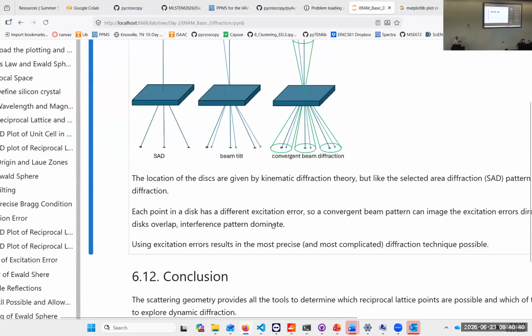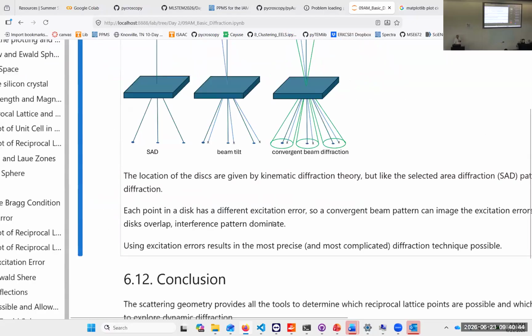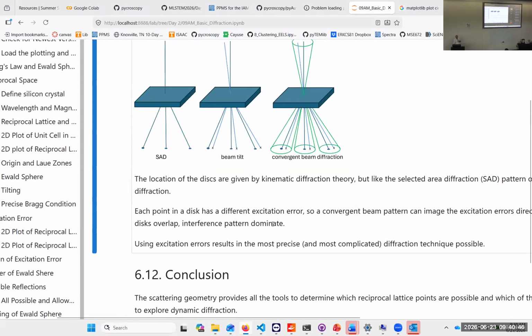Each point in the disk has a different excitation error, right? Because they have slightly different deviation in the Ewald sphere.